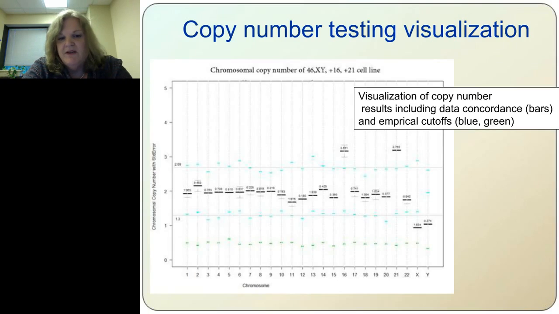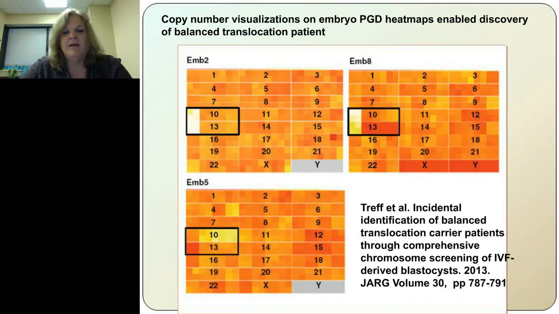So this particular view is supported by another view we've done with heat maps. And here I have an example that was recently published by our group, where we were able to use the heat maps to identify incidental balanced translocation carrier patients. So the heat maps are normally used as another view of our assays, and how, at least in PCR, the PCR that we're using, our assay responds to copy number.